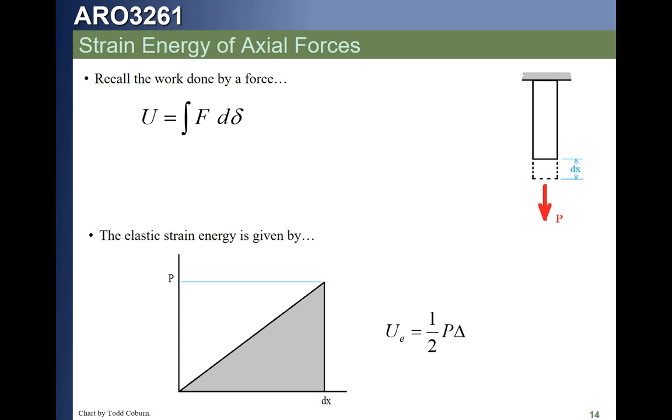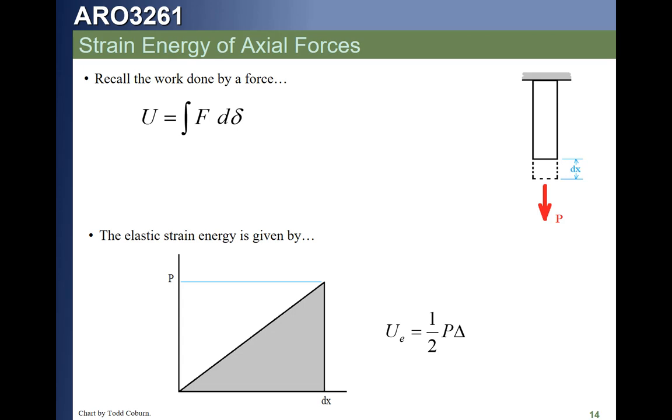So actually, if you take the integral of F dx, if we're down in the elastic range, then the force deflection relationship is linear as is shown here. And since it's linear, the area under the curve of that integral is 1/2 P delta. So the energy, once again, is the force times the change in length.